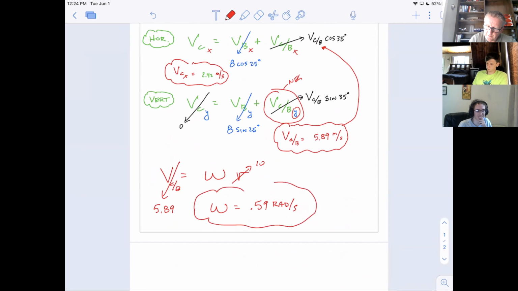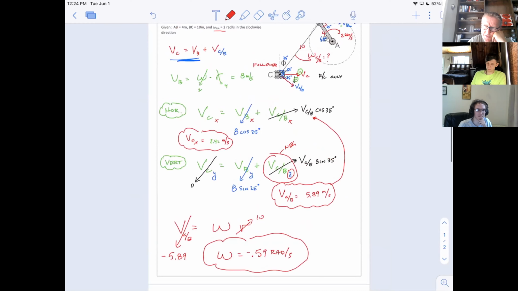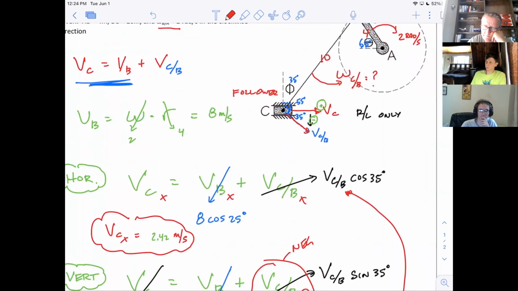But again, let's just take a second. Is that negative or positive? If I leave the signs in, it should come out negative. Does that match the picture? Can we just trust the signs? What direction was that thing rotating? Well, actually, I have this right.